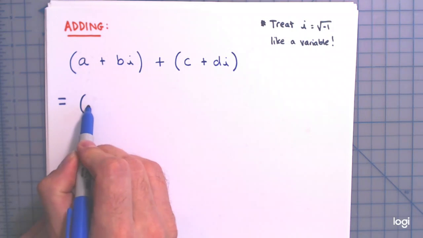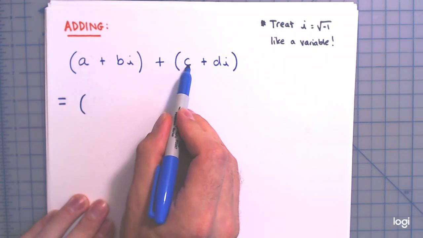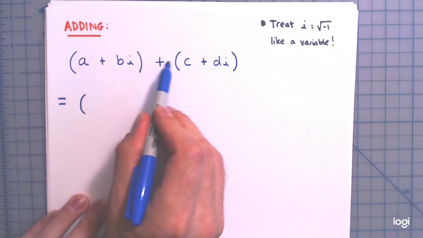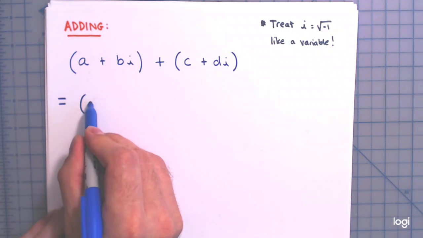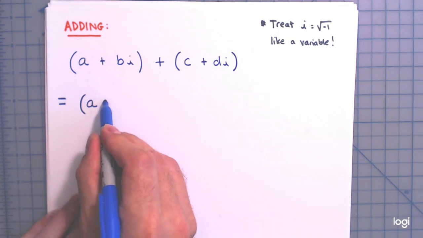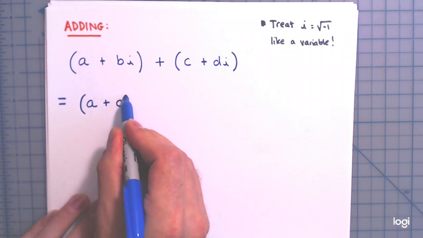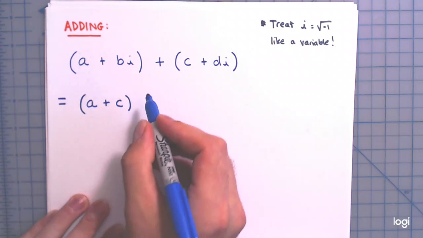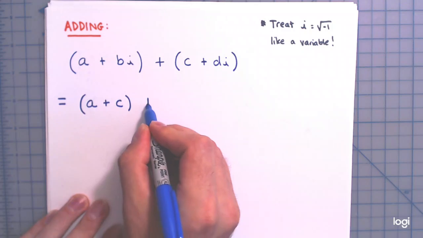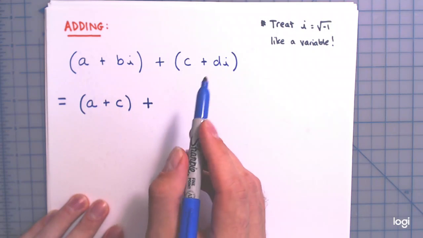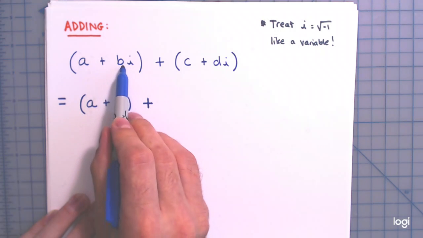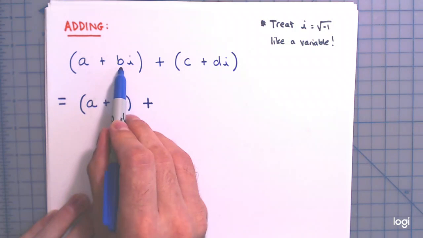So the final result, the sum of two complex numbers, is simply, for the new real part, you add the real parts of the addends. The real part of this number is a, plus the real part of that number is c. So a plus c is going to be the real part of the sum, then plus, the imaginary part of the sum, you add the imaginary parts of the addends.